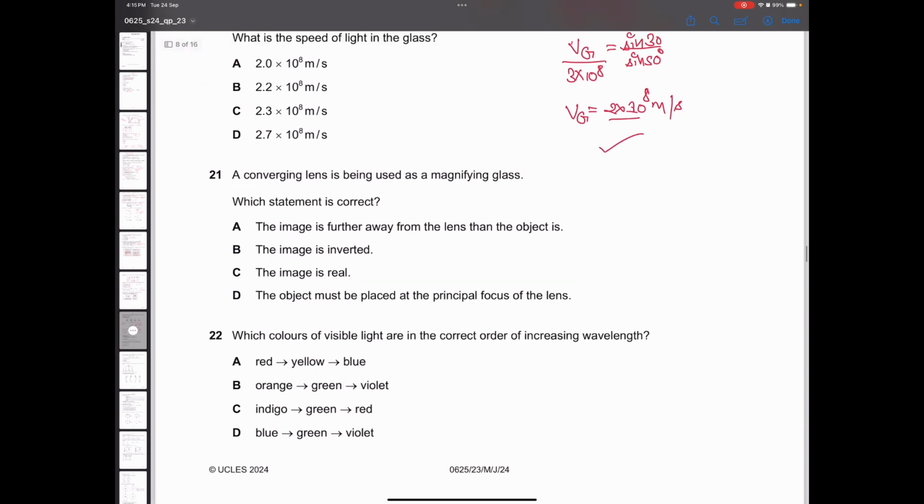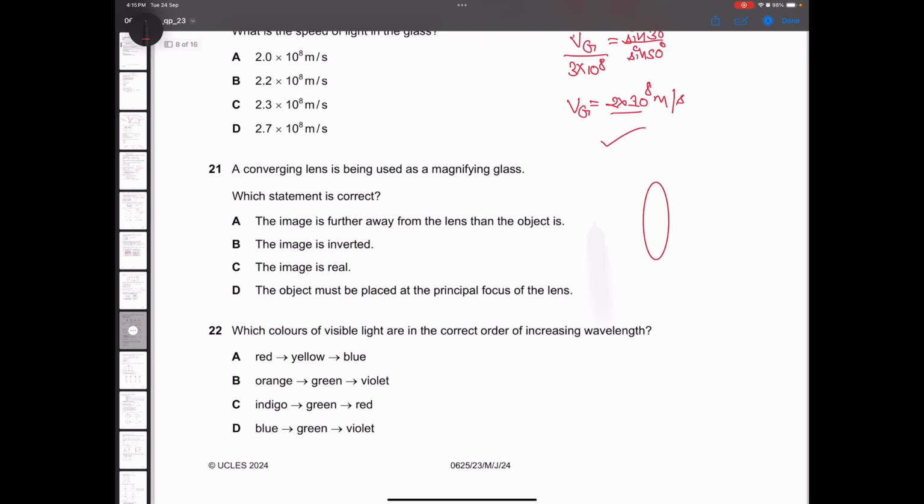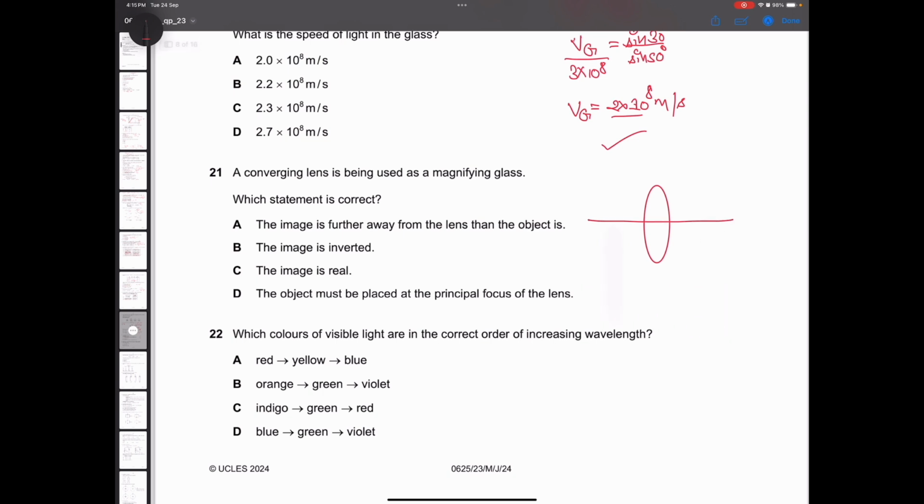A converging lens is being used as a magnifying glass. So we know the last case of converging lens, which is this one. This is the principal focus. When you place the object here, and this is another principal focus. One light ray goes like this, it passes through the focus.